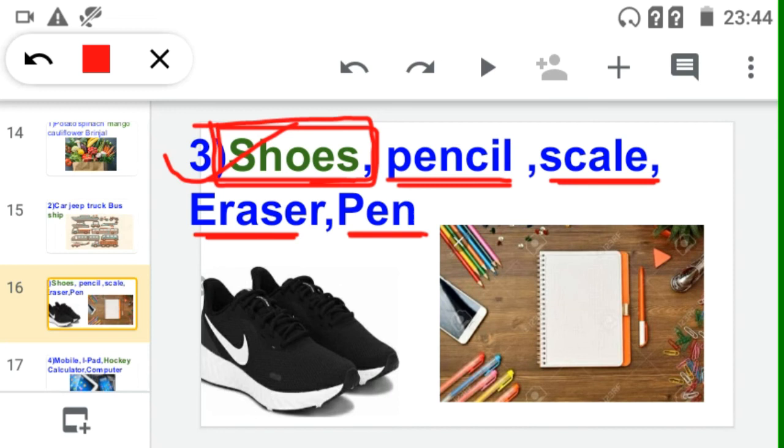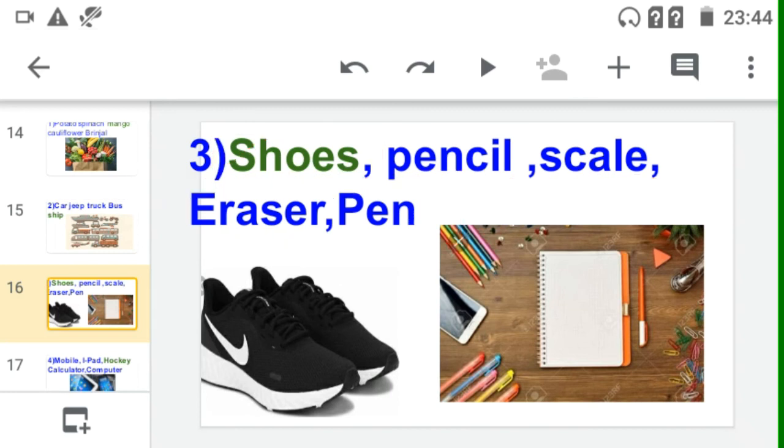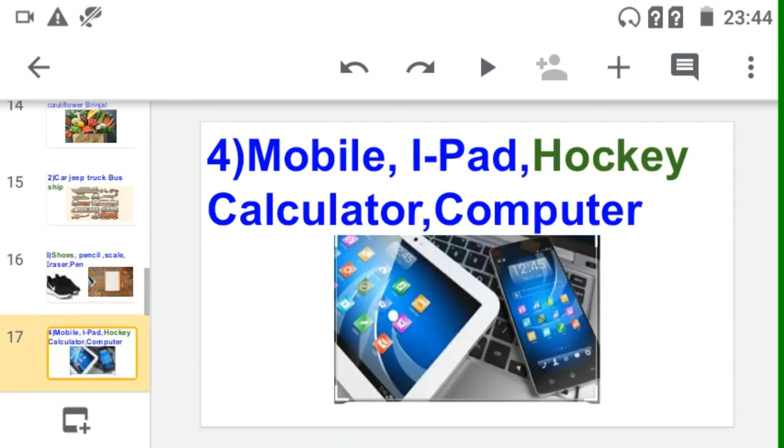Because shoes have a different function, and these pencil, scale, eraser, pen we are using when we are writing. So pencil, scale, eraser, pen are stationery, and shoes has a different function. So that's why shoes is the odd one.